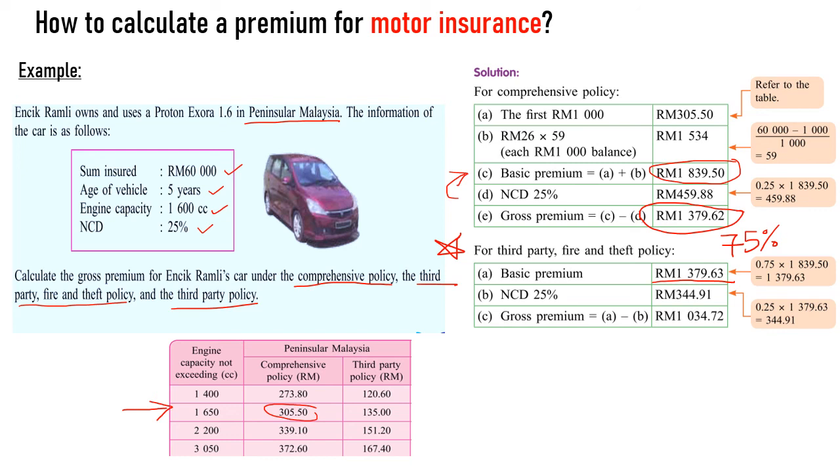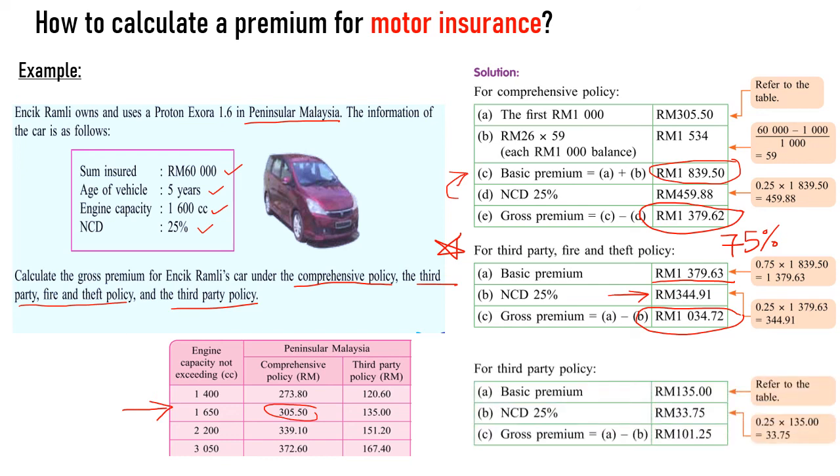And then Encik Ramli is entitled to a 25% NCD discount. So after minus the 25% NCD, it is 1379 ringgit 63 cent. This is the amount that Encik Ramli needs to pay.